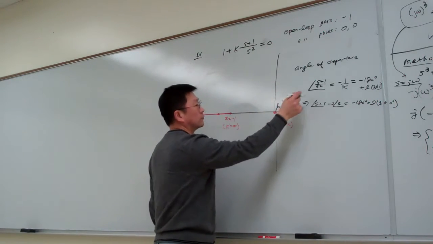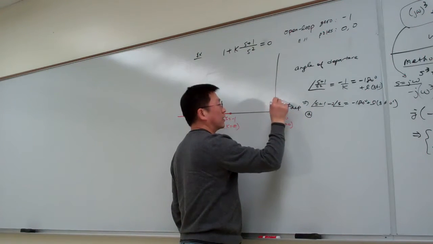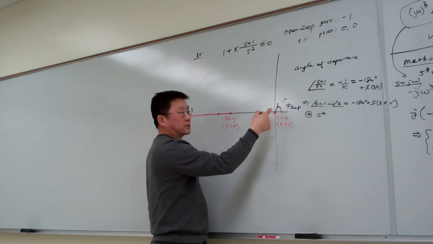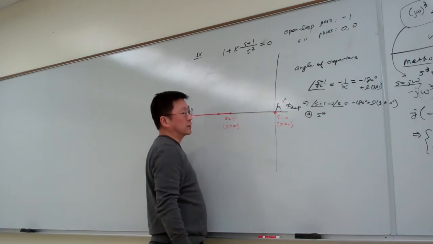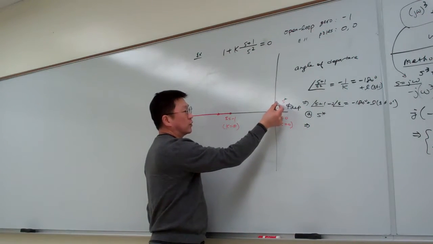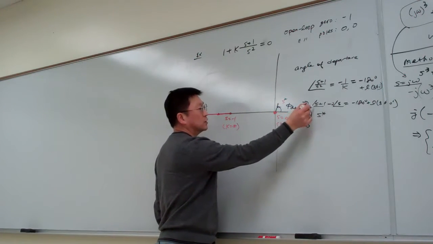Okay, so from here, let me call the test point s dot. Okay, the s dot is our test point, basically very close to there. And this equation is from this point, basically the test point is very close to here.